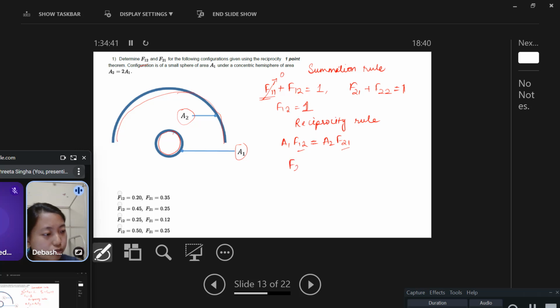Now from here, F21 is equal to A1 by A2 into 1. Now what is A1? A1 is whatever, but A2 is given as 2A1. So you get 0.5.